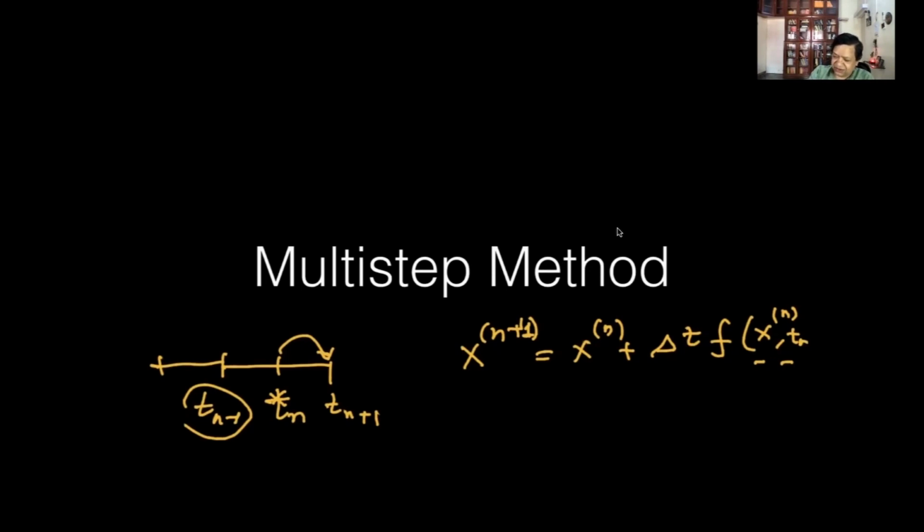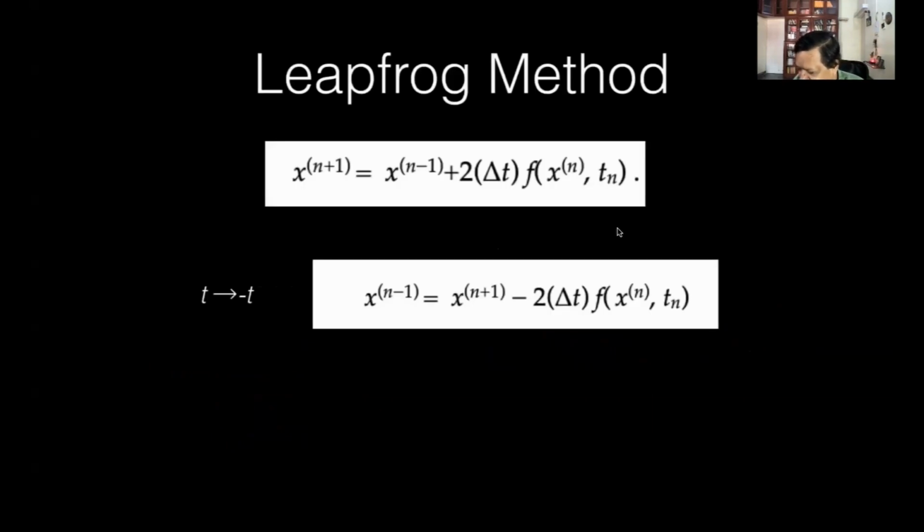Now multi-step means I not only use t_n, but I use t_{n-1}, t_{n-2}, and so on. This is called a multi-step method. We did one multi-step method, if you recall. Leapfrog was mentioned in the earlier classes. Here we go from t_{n-1} to t_{n+1}.